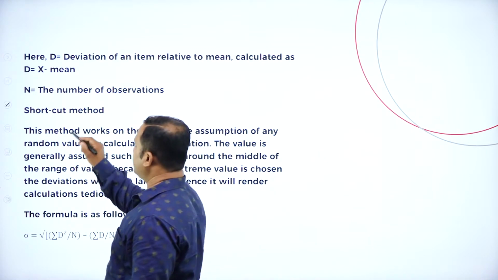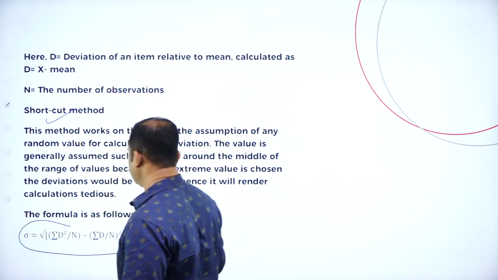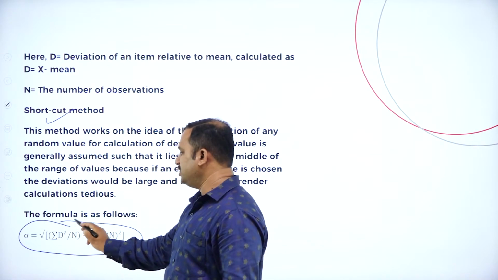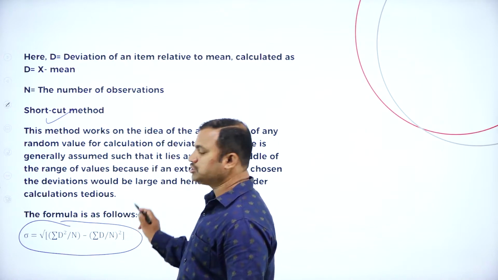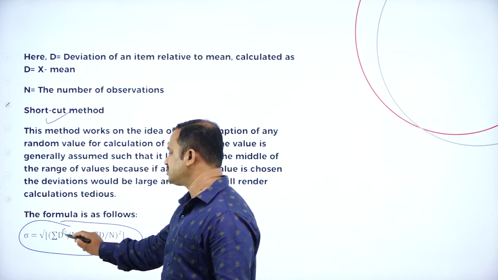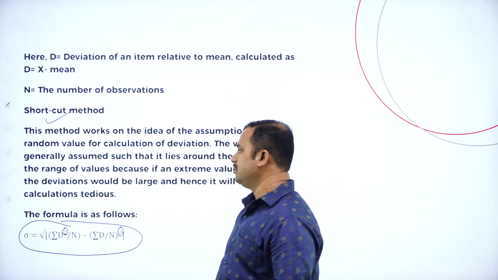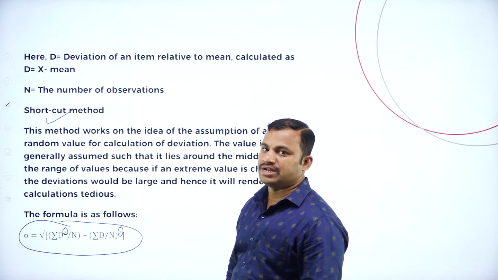So the shortcut method to identify that is this. The formula is: sigma is equal to square root of summation d square by n minus summation d by n whole square. Please observe that we have a square here for d and a square here for the whole thing, that is d by n. If I use this shortcut formula, you will get the result of the standard deviation.